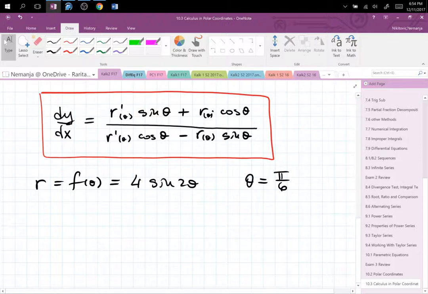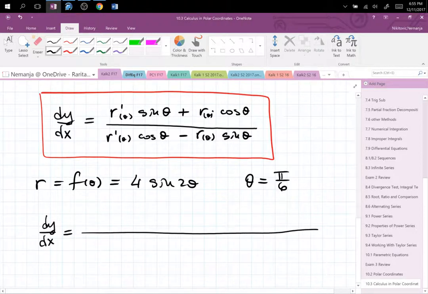It's just voices in my head all the time. To find the slope, all you need to do is plug this in, and you're done. So what do we have? We have dy/dx equal to a long line, and then r prime of theta. Well, that's the derivative of sine, that's a cosine, so that's 8 cosine 2 theta times sine theta plus 4 sine 2 theta times cosine theta.